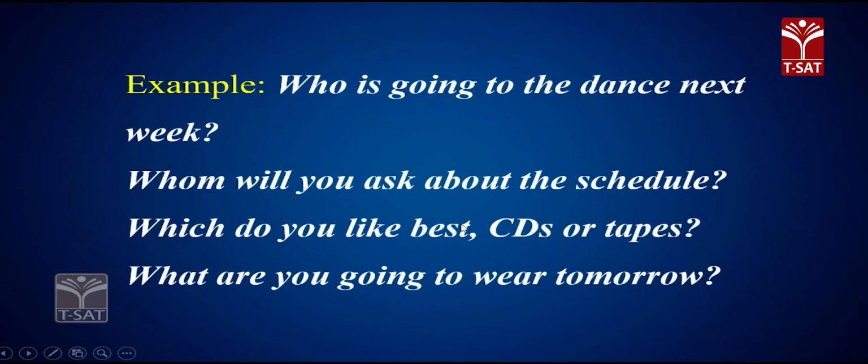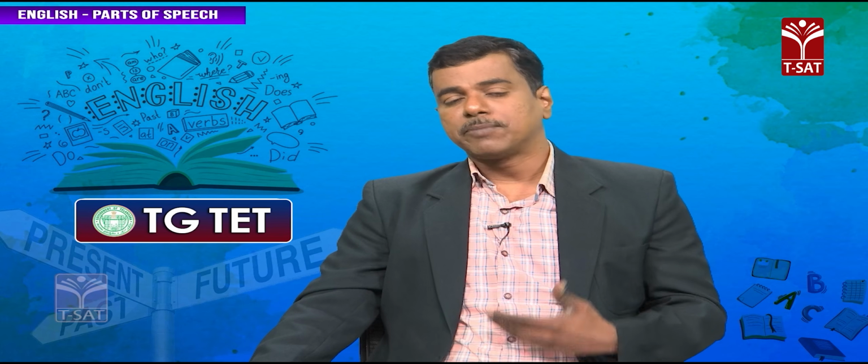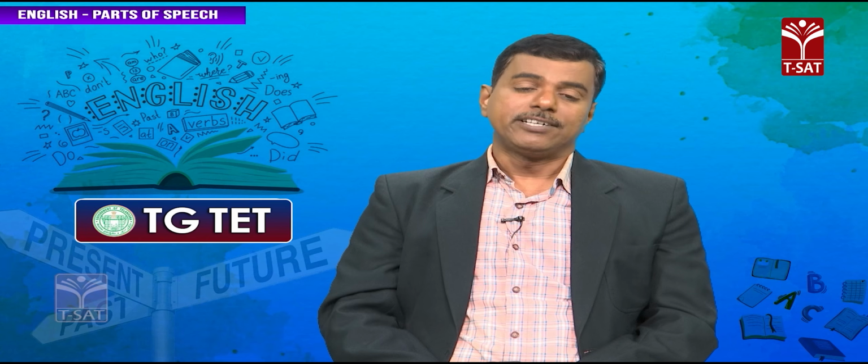Whom will you ask about the schedule? Which do you like best, CD or tapes? What are you going to wear tomorrow? All these sentences begin with WH words, and you are asking for some information. So such pronouns are considered to be interrogative pronouns.